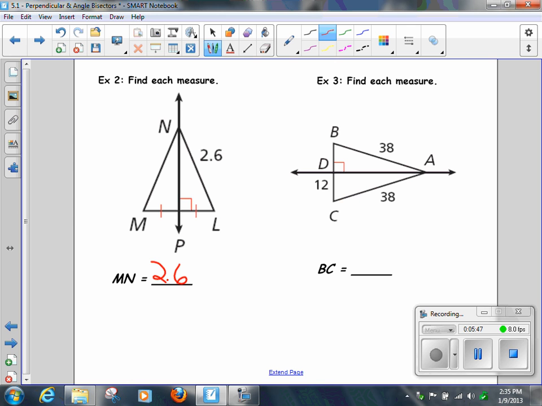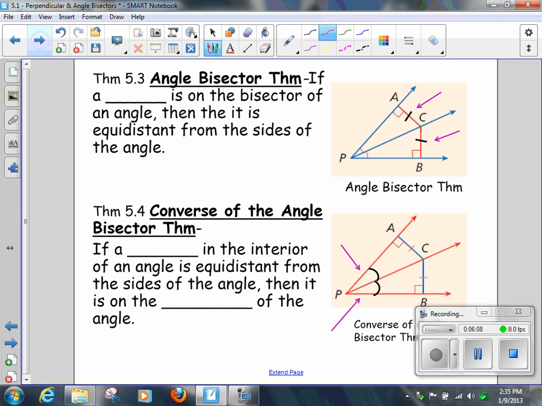If this little piece DC is 12, then what's BD? 12, that's right. And then it's asking me for the whole thing, which is, there we go. And you better make these marks, folks. It's all right. It's all right. You had a brain fart. It's okay. Let's go with another one.